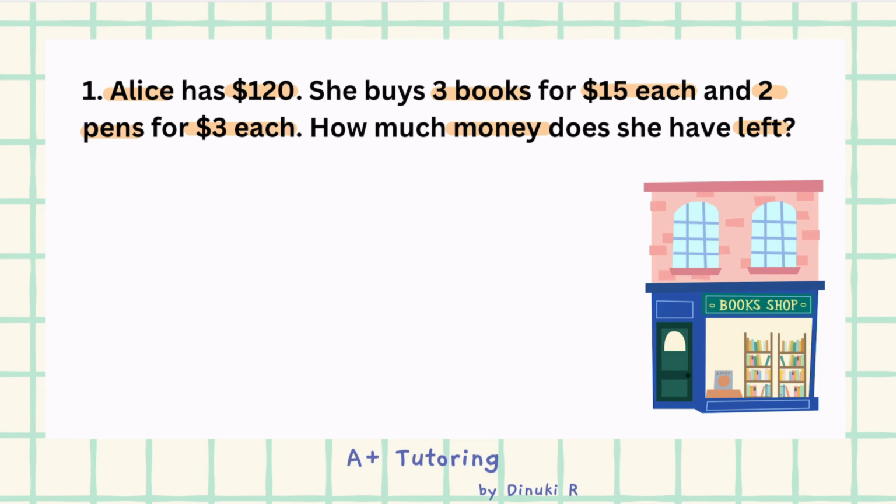Okay, so first of all, let's calculate how much the books are going to cost us, right? So we know that it's 3 books. How much is each book? $15.